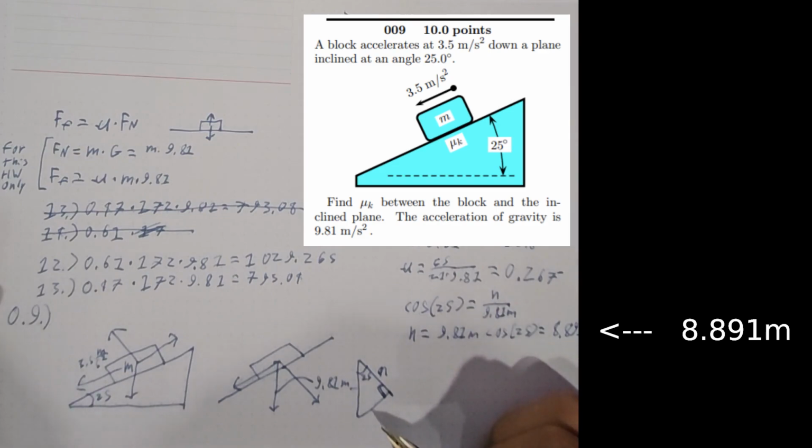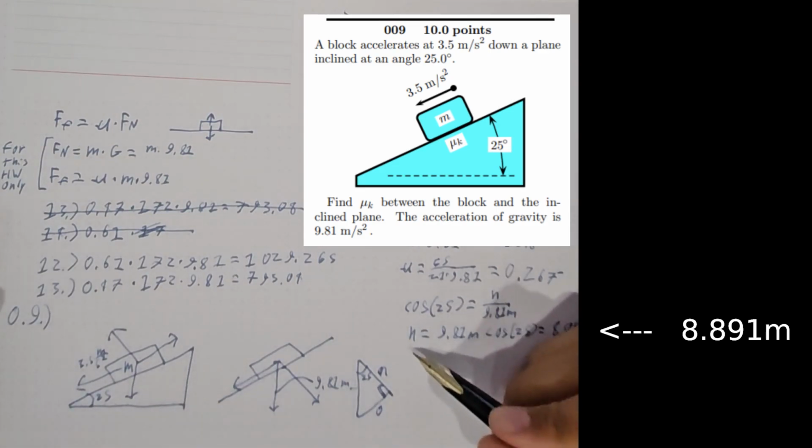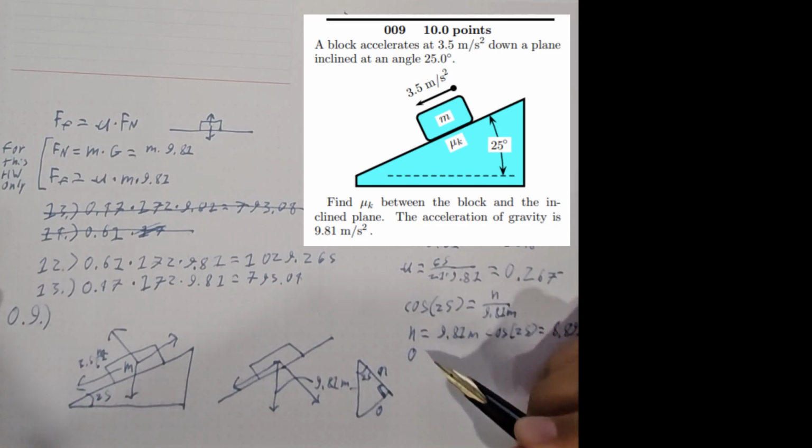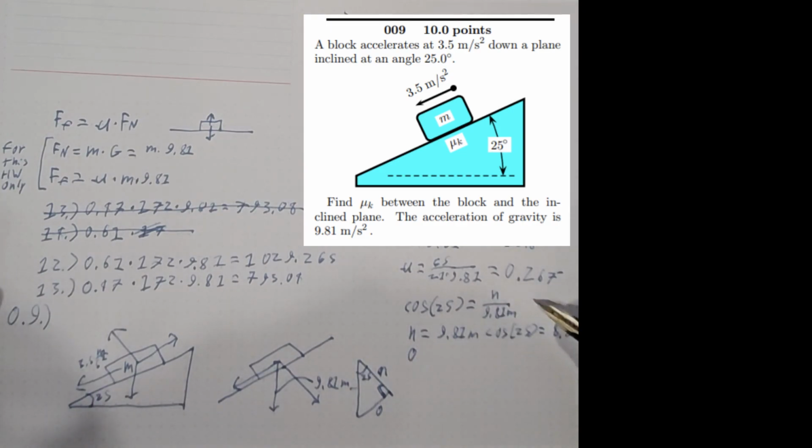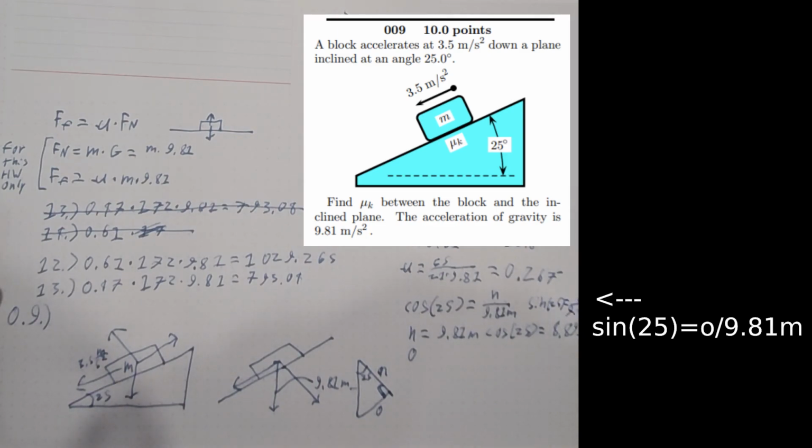Now this other side, I'll call O. So sine of 25 equals O over 9.81 m.